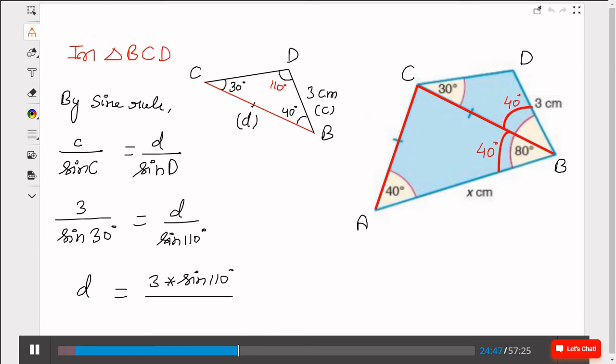We first of all solve for d. 3 times sine 110 over this gives you 5.63, let's say 5.6 centimeter. That's the value of d. Now half of the question is done. So this came as 5.6 centimeter.